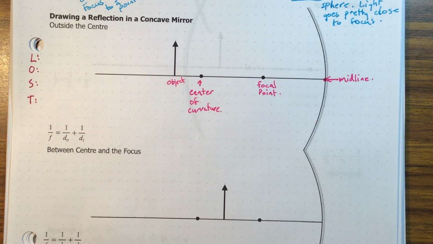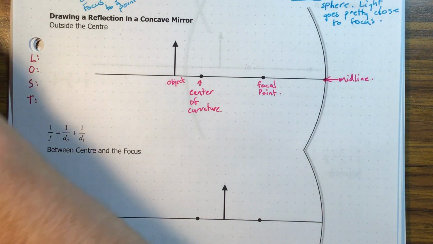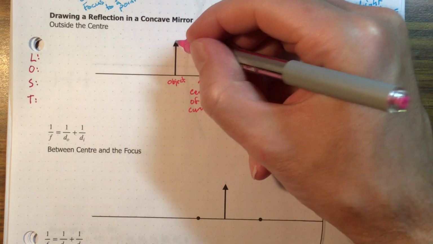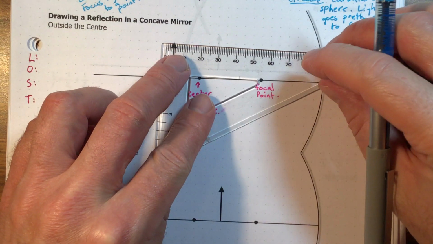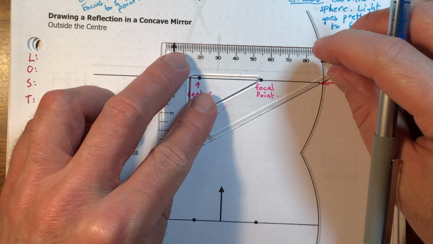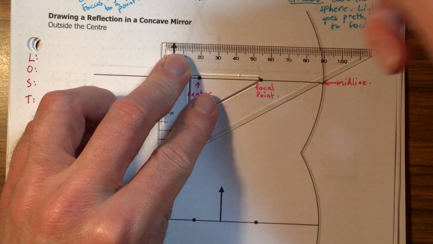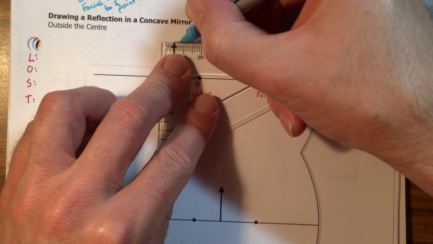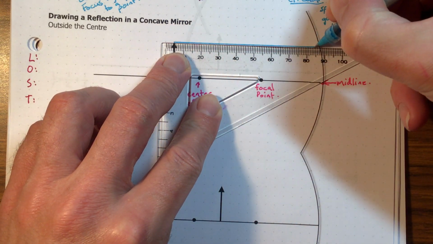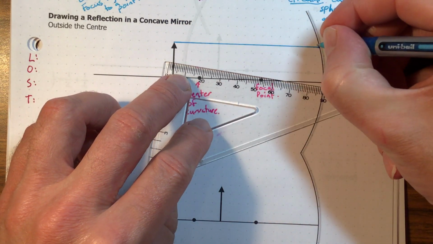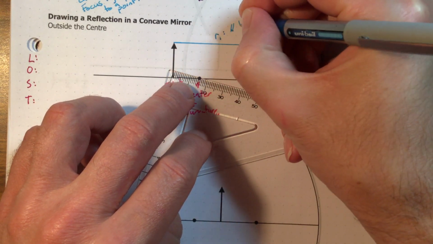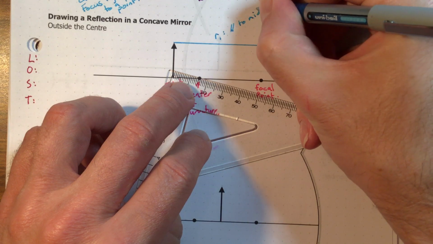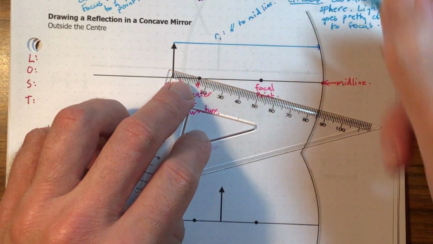Now, we need to draw two light rays emanating from the tip of our object. The first light ray runs parallel to the midline. Now I put some dots on this paper, so hopefully that'll help you. So this is ray 1, parallel to midline. It hits the mirror.